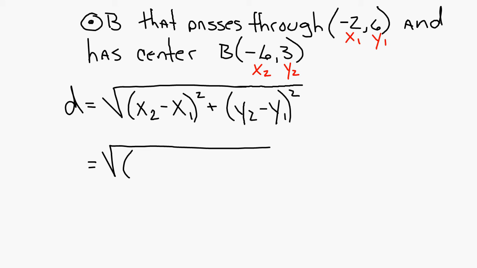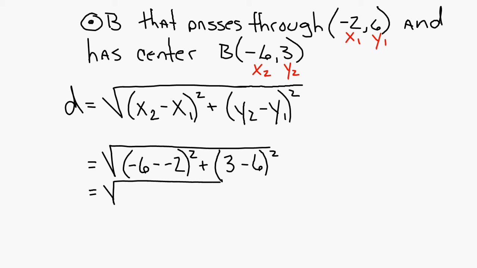X sub 2, you got negative 6 minus x sub 1 is negative 2 squared plus y sub 2 is 3 minus y sub 1 is 6. And that's also squared. Wouldn't it be plus 2? It's going to be when you keep change and change, right?